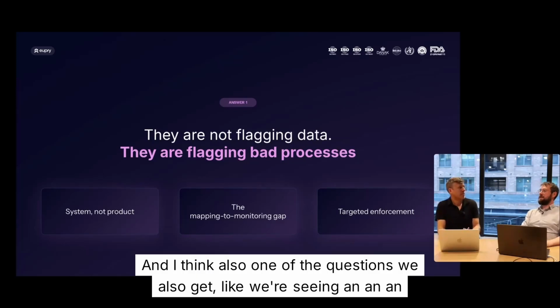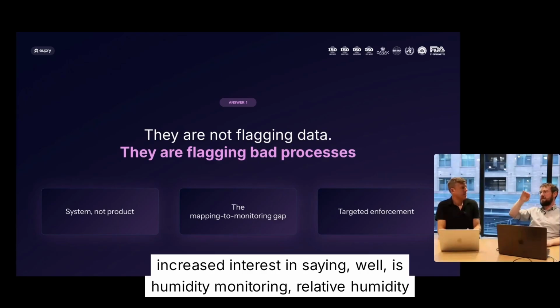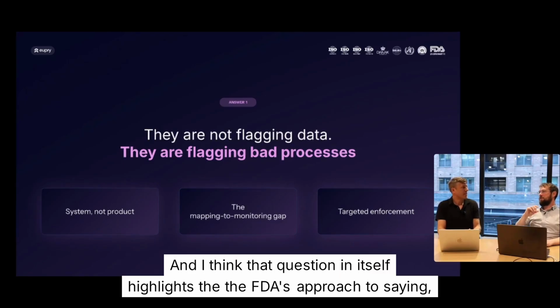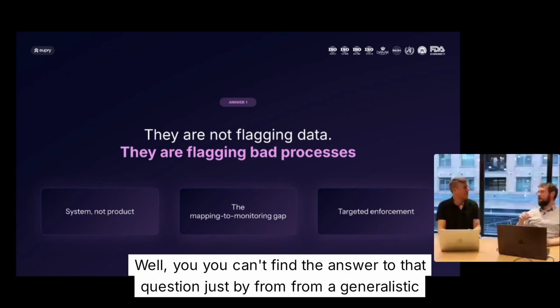Yeah, exactly. And one of the questions we also get, we're seeing an increased interest in saying, well, is humidity monitoring, relative humidity monitoring needed? And I think that question in itself highlights the FDA's approach to saying, well, you can't find the answer to that question just from a generalistic perspective.